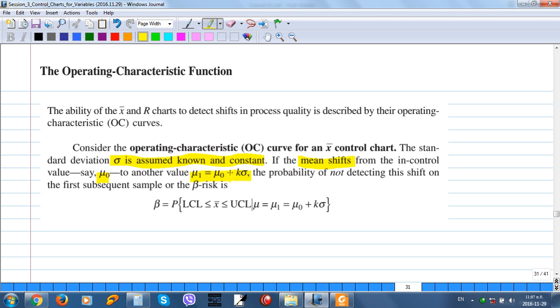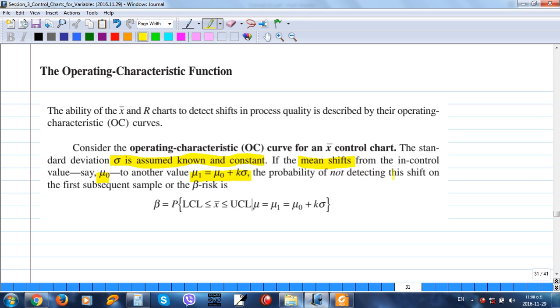Then mu1 we can find as mu naught plus k sigma. So keep this equation in mind when we are doing calculations. If we need to find the shifted mean, mu1 equals mu naught plus k sigma.